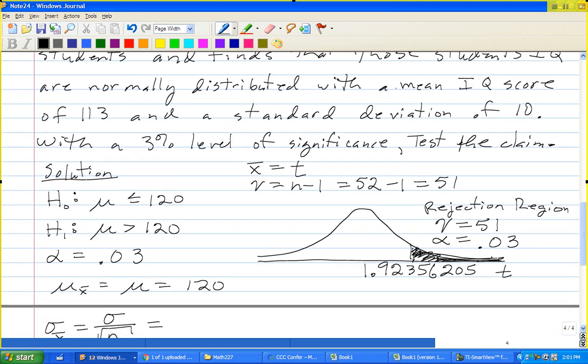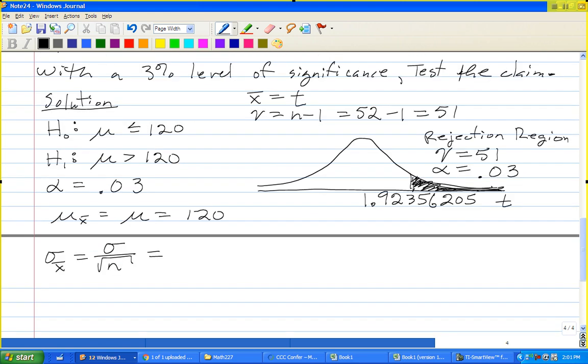The population standard deviation is not given, but the sample standard deviation is given as 10, so I'll use that as an estimate. The sample size is 52. Plug that into your calculator.